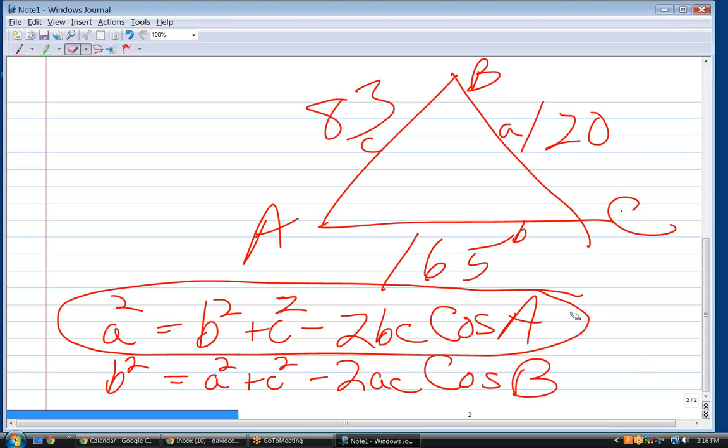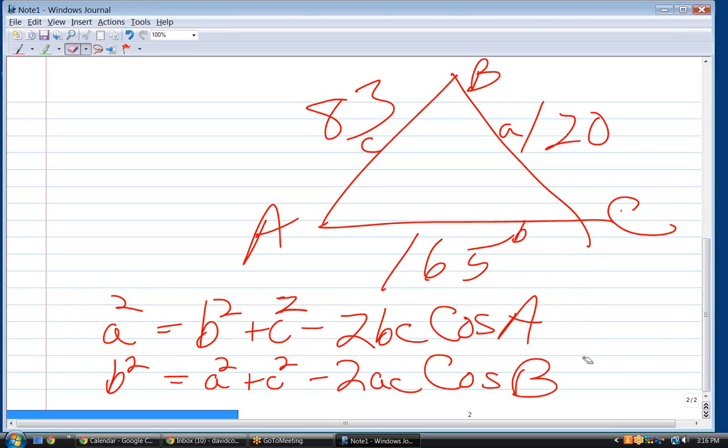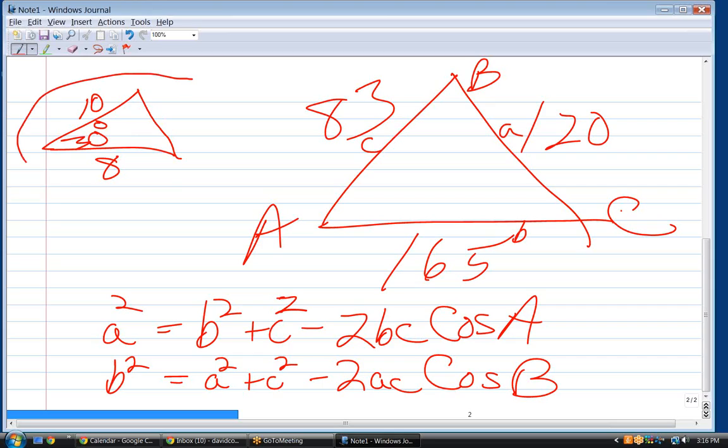That's the law of cosines, and it's used in two situations. This is one of them where I have three sides of a triangle. The other would be if I only have two sides of a triangle and the angle between them. In other words, if I know the angle between two sides, well then clearly I do not know this opposite side, so I can't use the law of sines immediately in that situation to solve that triangle.